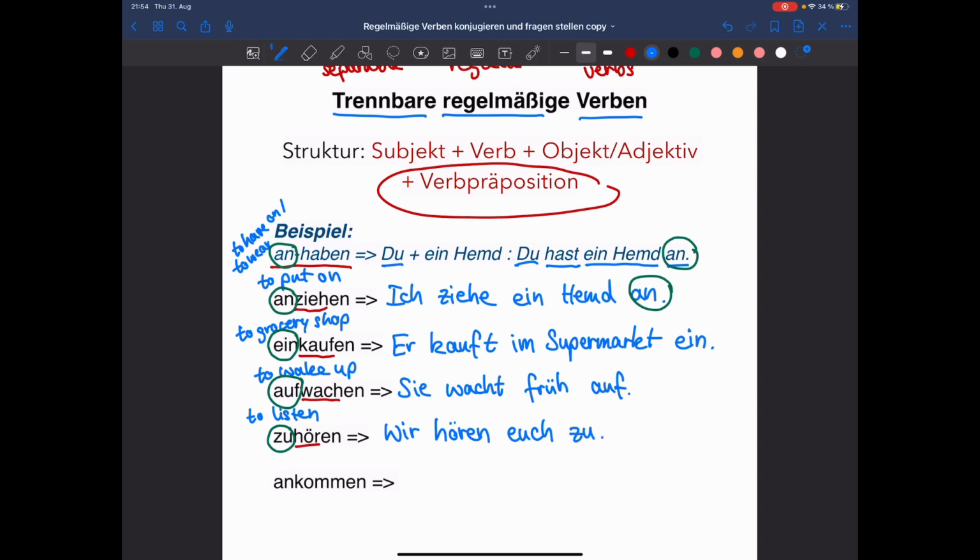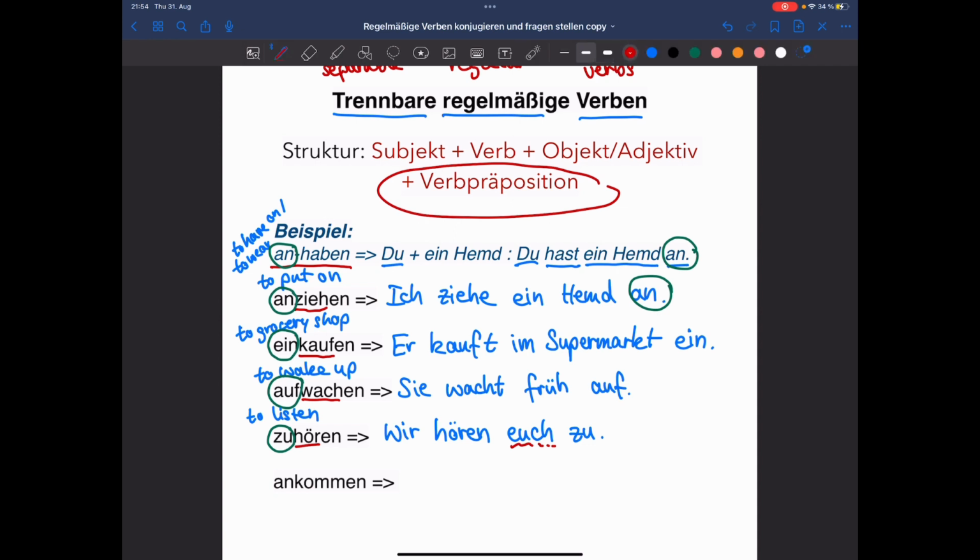It's a difficult sentence, I know, but it basically means we are listening to you guys. Euch means you guys, but this is too complicated to explain now. I will do that in a further video, but for now, just focus on the verb conjugation.